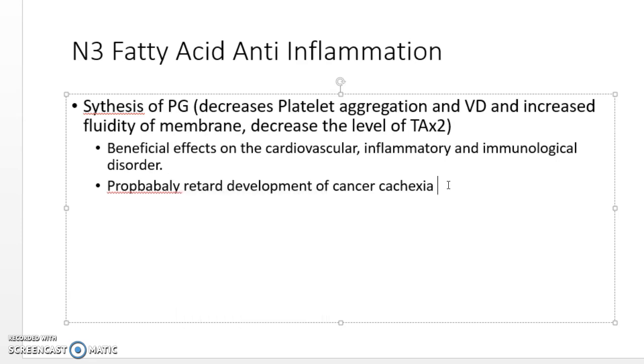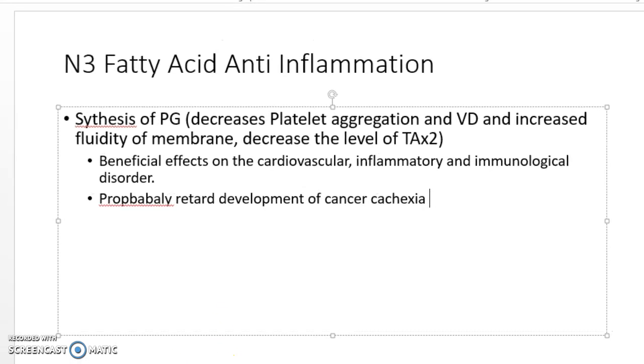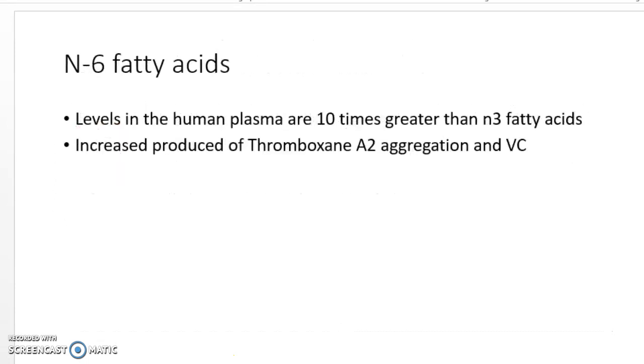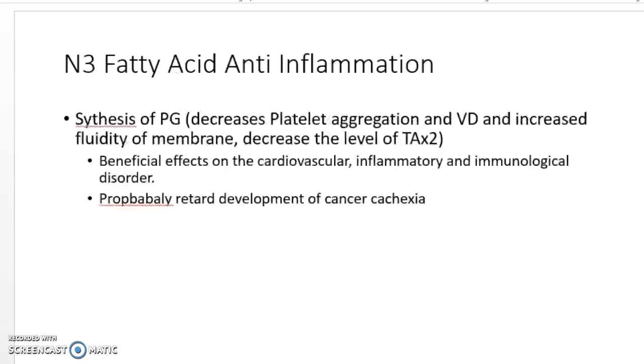And what's going to occur is that you lose proteins, anything metabolic. You can treat it in many different ways.